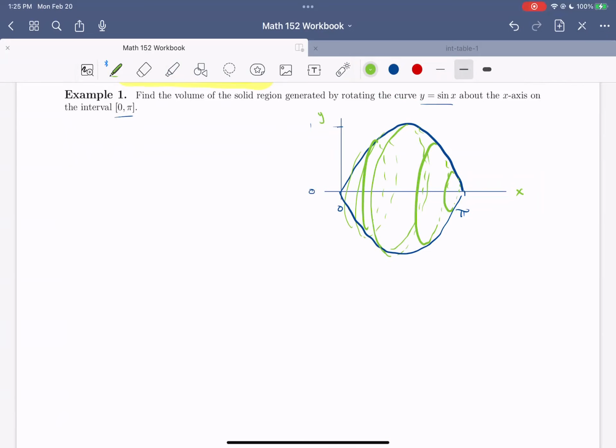Well, how can we think about this volume? As the image I just drew suggests, we can think of this volume as a bunch of discs. So if we took a knife to this lemon and just chop, chop, chop, chop, chop, perpendicularly along the x-axis, we'd end up with these little chunks, like little discs here.